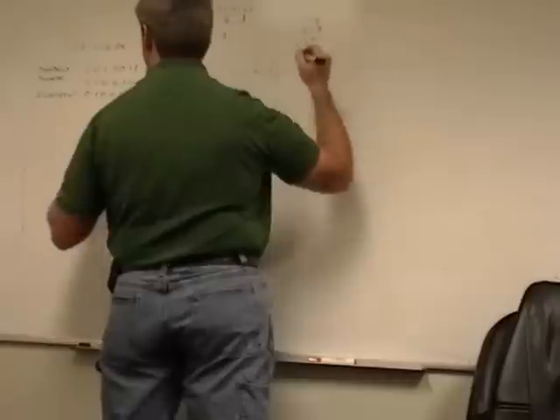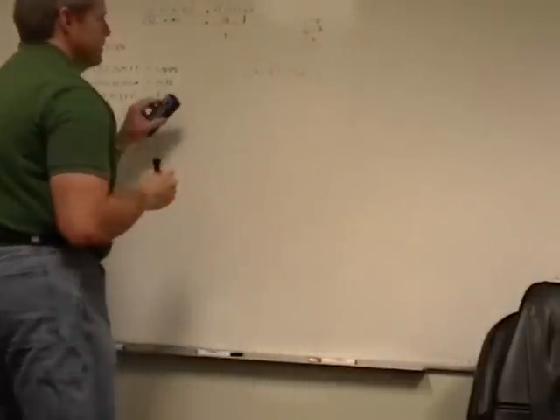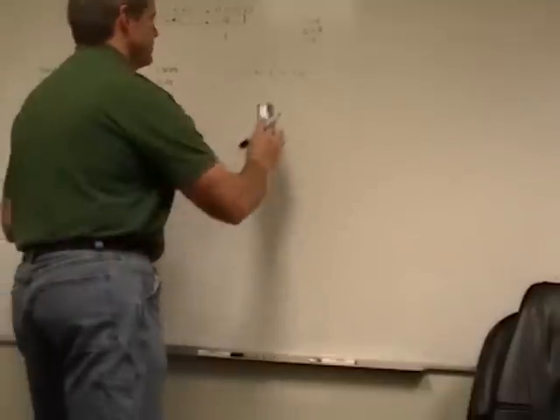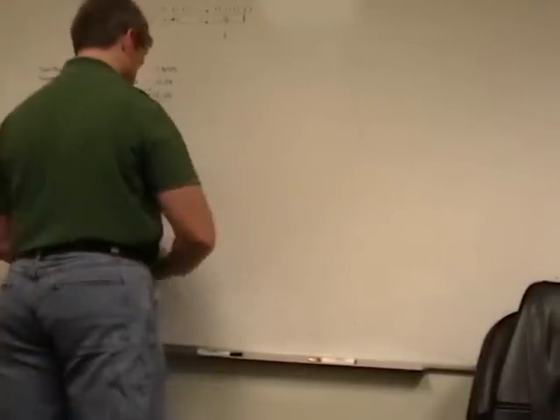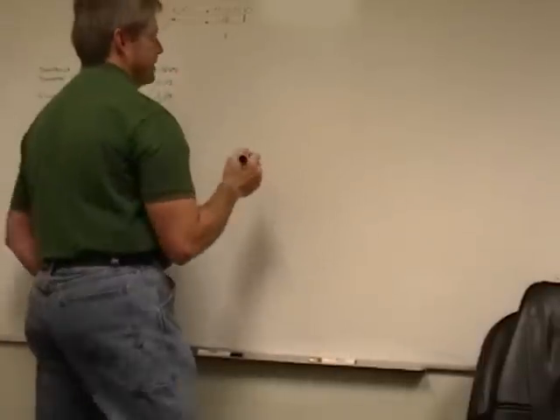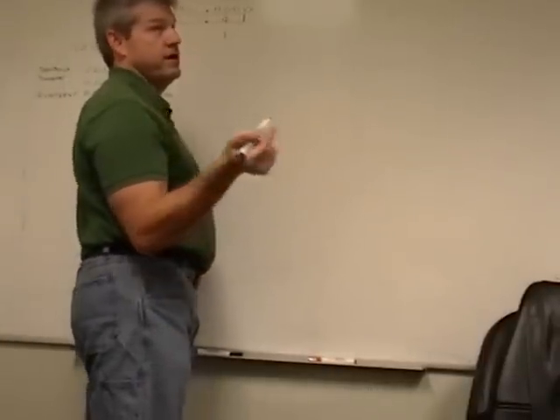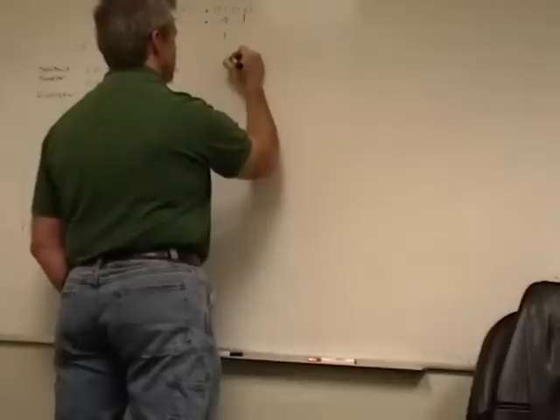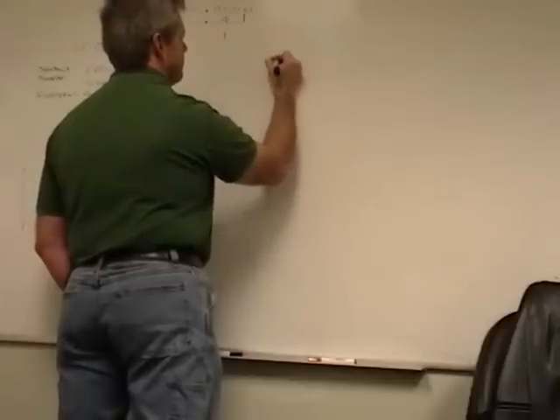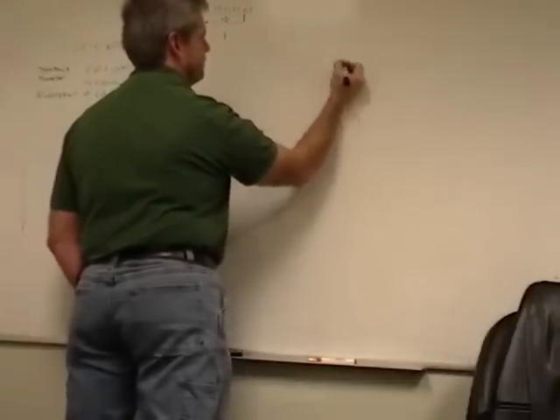So I know that my divisor, I don't have a big enough board for all this. If this is a school, I'd have like 47 of these boards and I could just keep writing all over the place. So n minus 1 is 8. No, n is 8, n minus 1 is 7. So I've got 1, 2, 3, 4, 5, 6, 7.